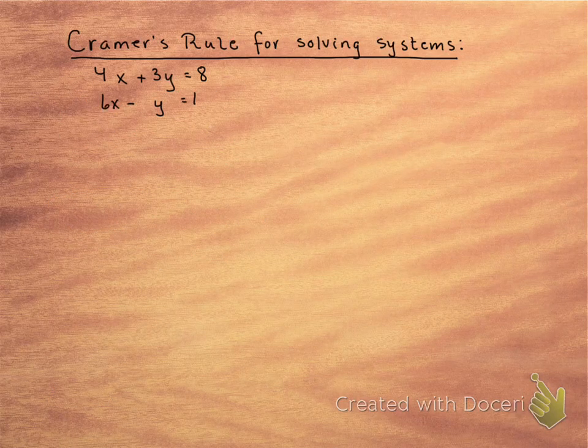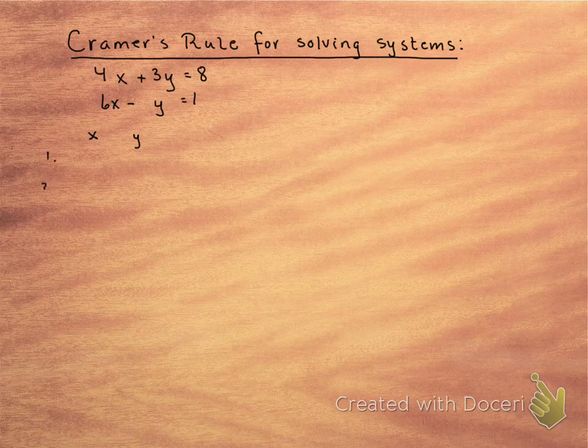Now we use that idea for Cramer's rule. Okay? So the first thing that you need to do when you are solving a system using Cramer's rule is to create the matrix. So we'll have X and Y, and then we have two equations.